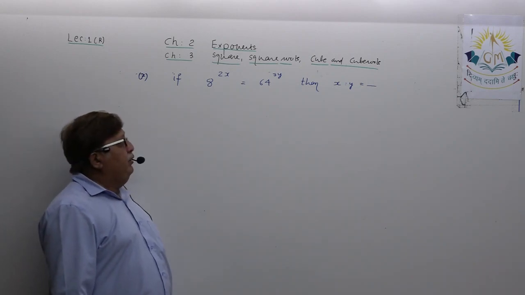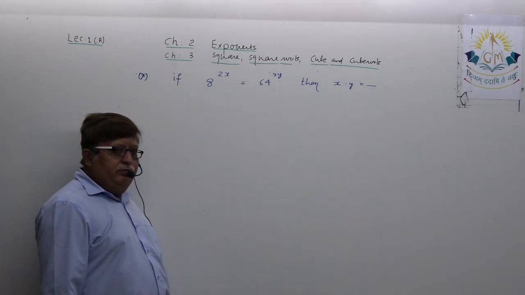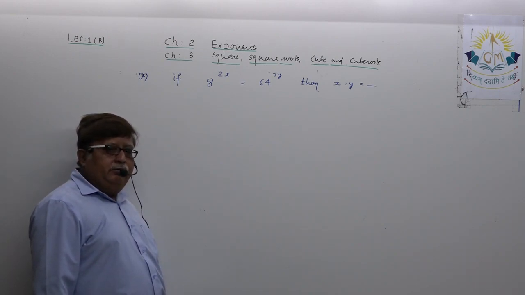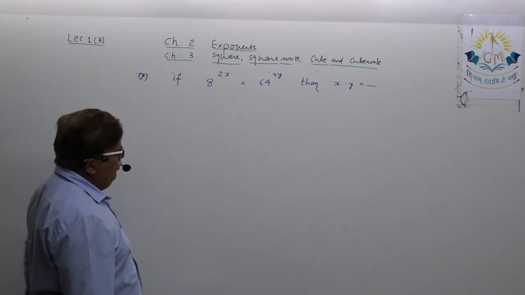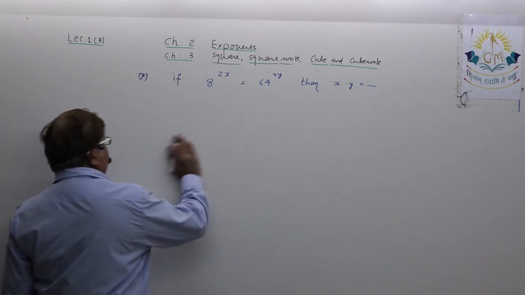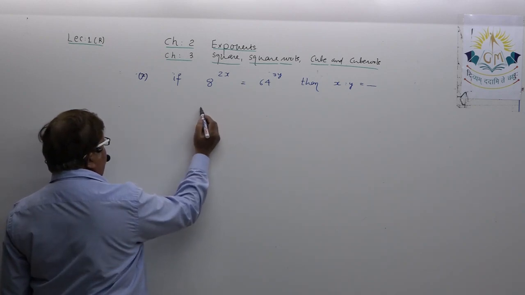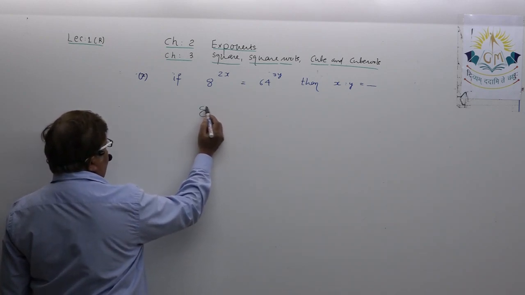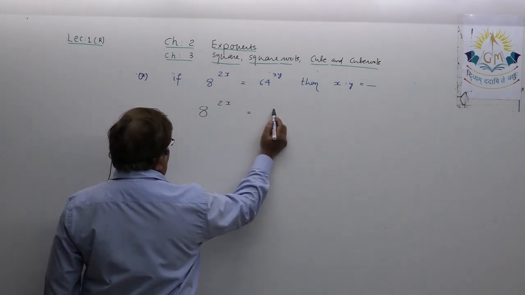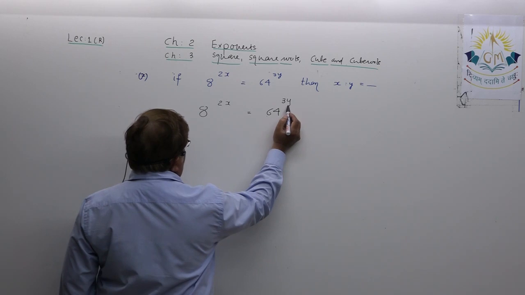8 raised to 2x equal to 64 raised to 3y, and you are looking for finding x is to y. See, dear student, you must have tried out. Now you just verify with the example I am solving here. This is given like 8 raised to the power 2x and 64 raised to the power 3y.